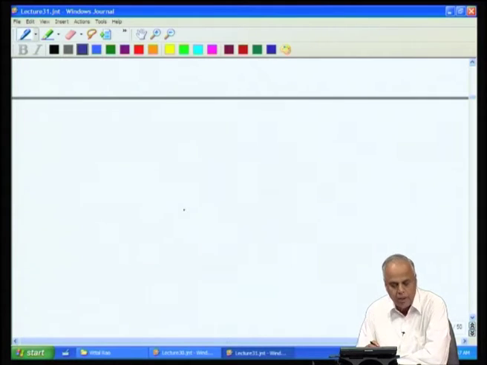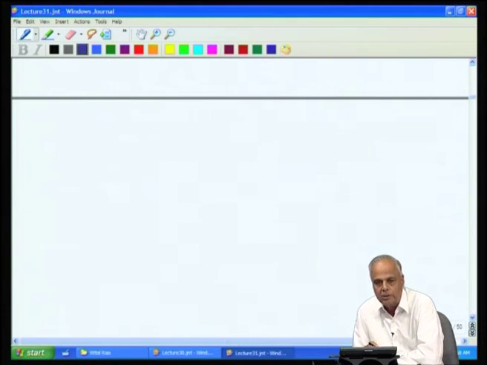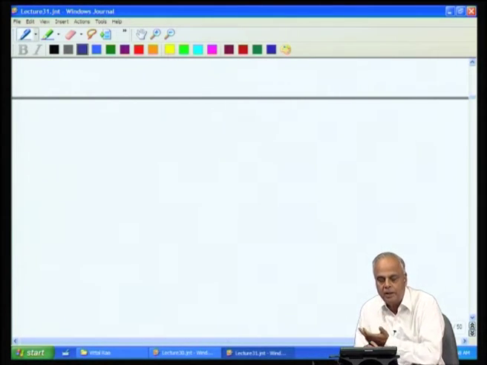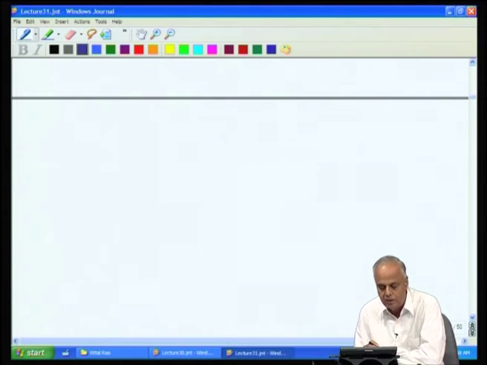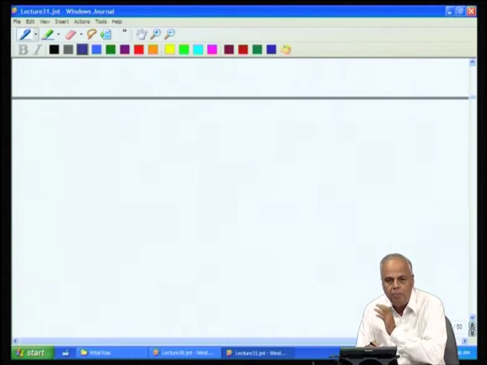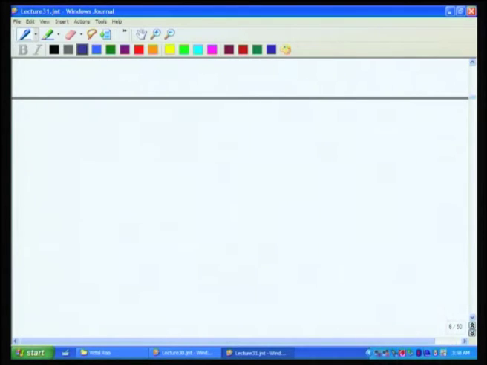Now, for this purpose and also for other purposes that you may study in advanced courses in linear algebra, there are several polynomials that play a crucial role in analyzing a matrix. There are several polynomials associated with a given matrix.